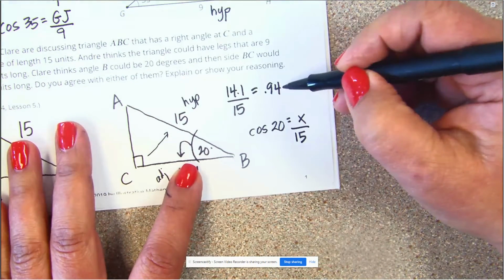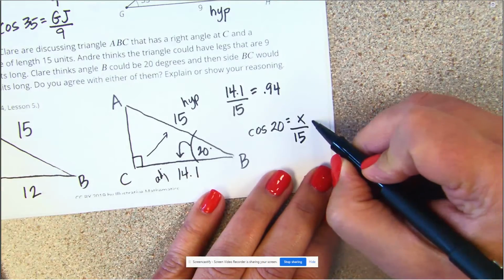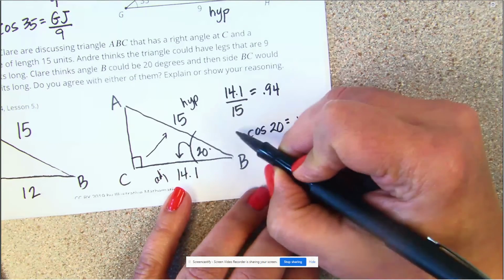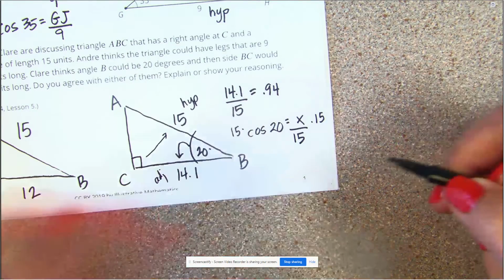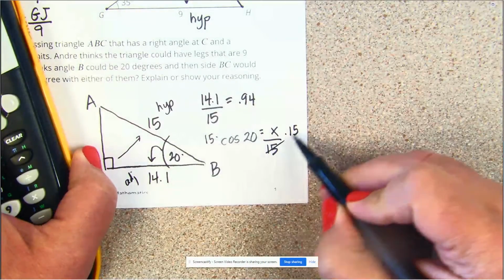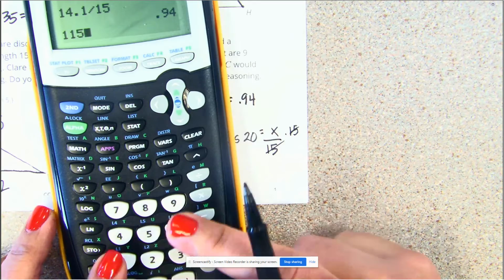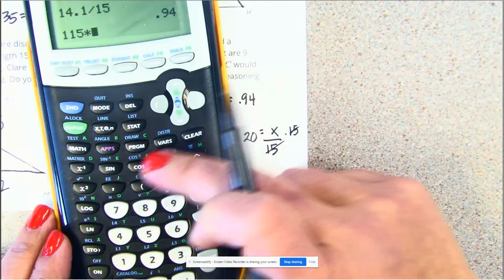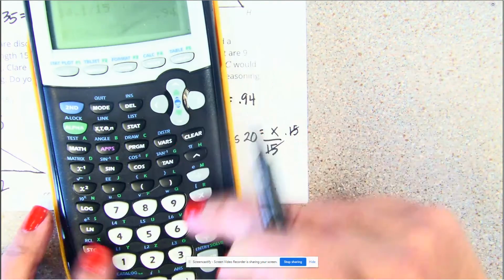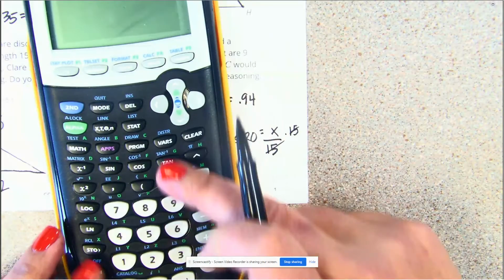But I should get 0.94. Let's see. So if I multiply this side by 15, multiply this side by 15, use my calculator. 15 times the cos of 20.